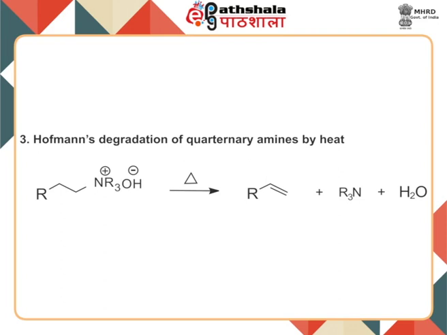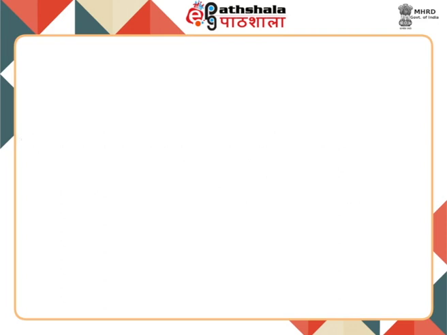Here the OH minus takes out the hydrogen from the beta position. So, overall you can see there is a removal of NR3 and removal of H and OH as water, and you have this also as an example of beta elimination.